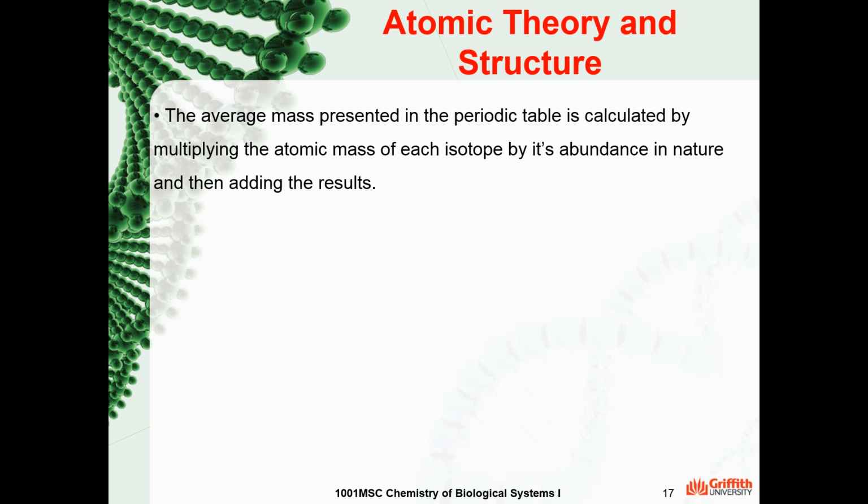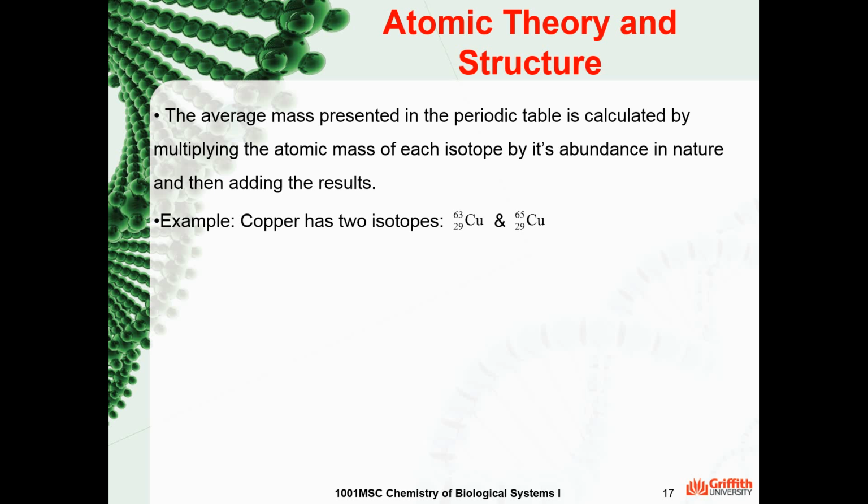The average mass presented in the periodic table is calculated by multiplying the atomic mass of each isotope by its abundance in nature and then adding the results together. For example, copper has two isotopes, 62.9298 and 64.9278.